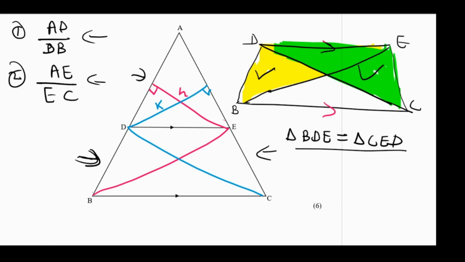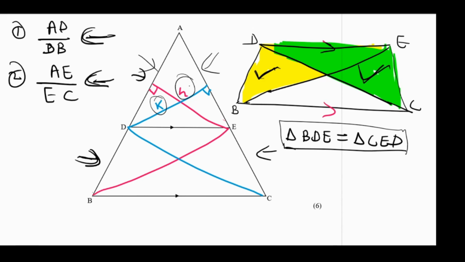So if these two triangles are equal, it makes even the top triangles that we found here using these perpendicular heights equal. So once these two triangles are equal, it makes our equation 1 and our equation 2 equal. So we can just conclude after proving that. We need to write the reason.